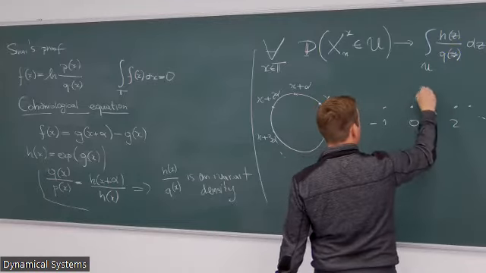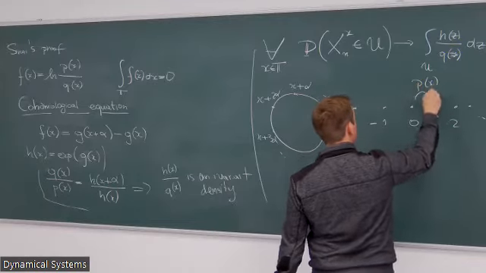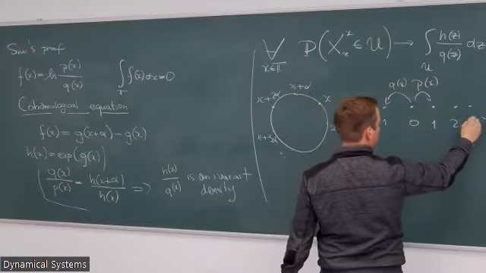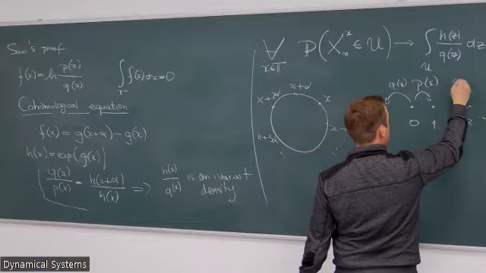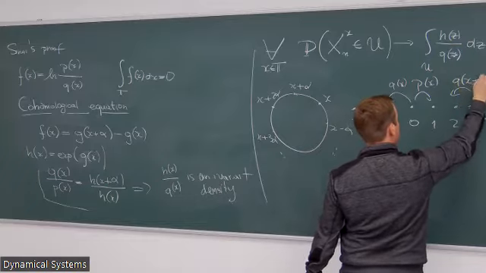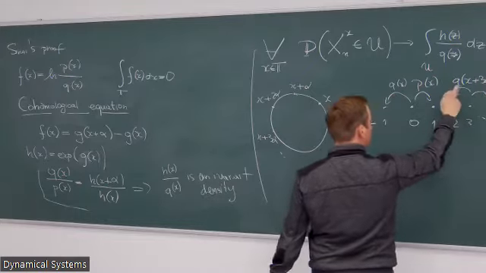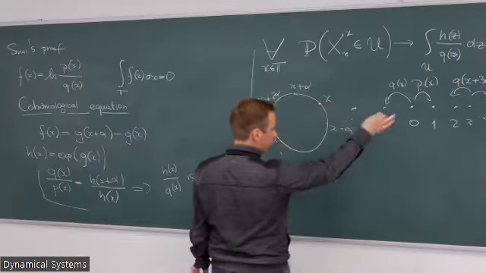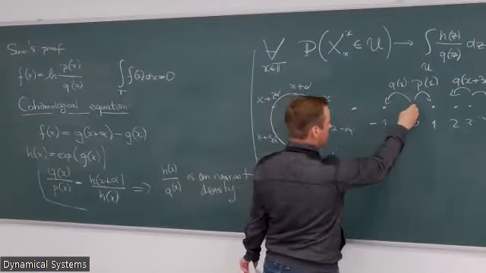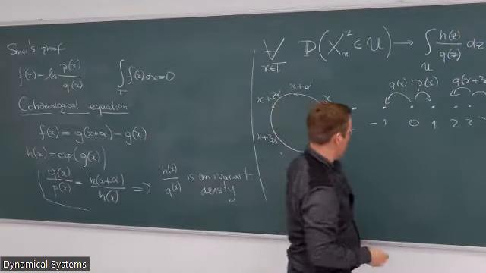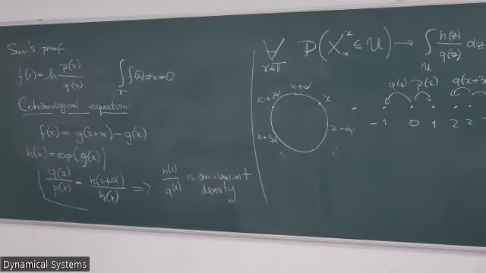From 0, you move to the left with probability q of x, and to the right with probability p of x. Here it will be q of x plus 3 alpha, and to the right, probability p of x plus 3 alpha, and so on. I hope that's clear. Integers parameterize the trajectory, so in fact we have a random walk on integers.